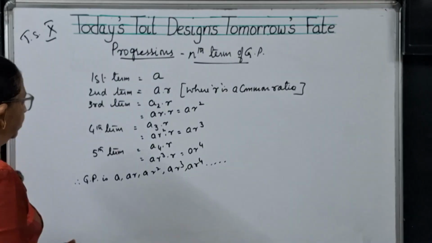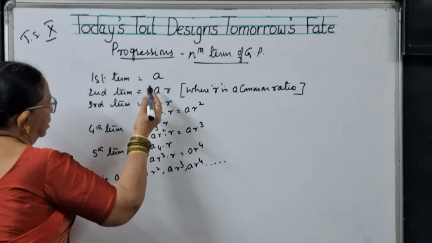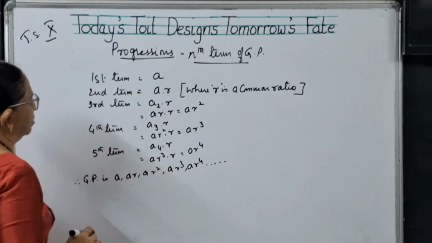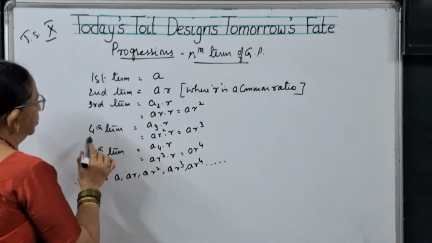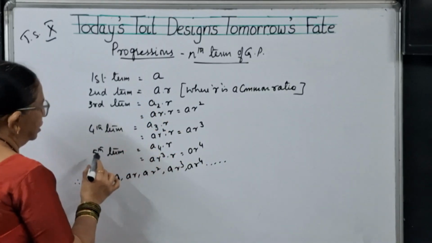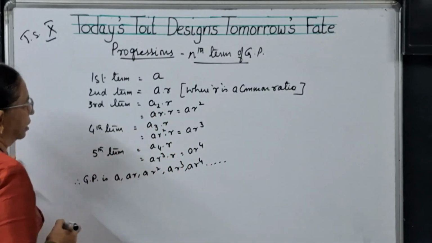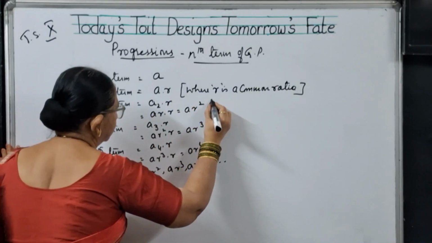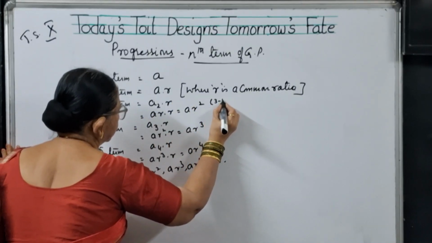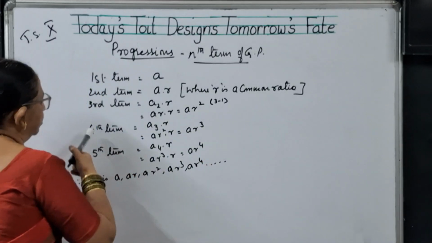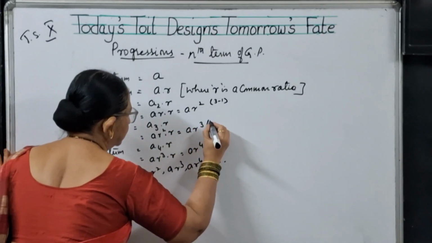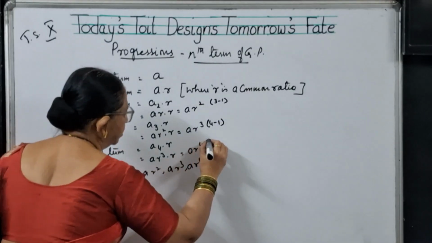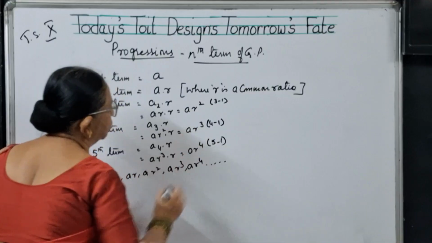If you carefully observe, children, in the first term there is no R. In the second term, 1 R is there. Third term 2, fourth term 3, fifth term 4. So for the third term, what is this 2? Third term minus 1, you are getting 2. Fourth term, 4 minus 1. And fifth term, 4 you are getting by taking 5 minus 1.